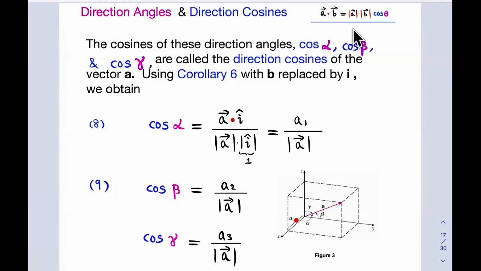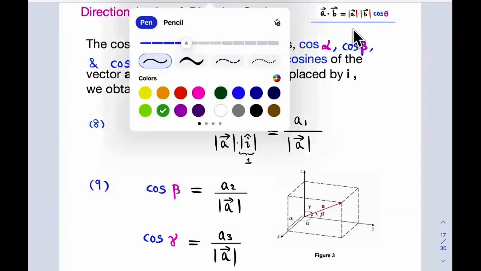So this alpha is the angle between the vector and the x-axis. So we can dot it with the unit basis vector i. Remember what is i? i is a unit vector pointing in the positive x direction.